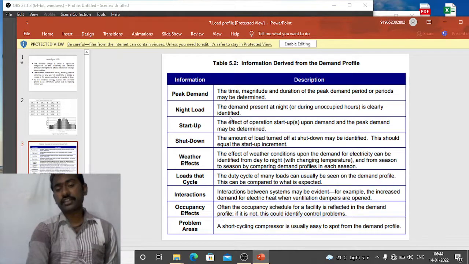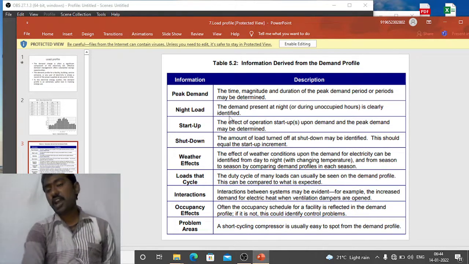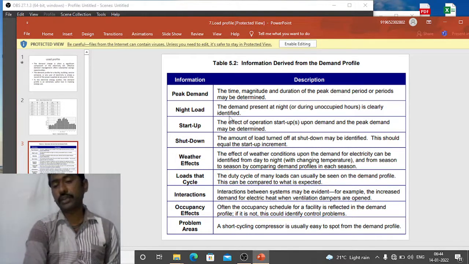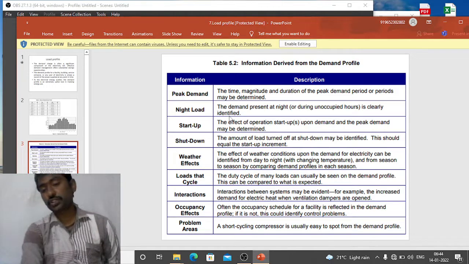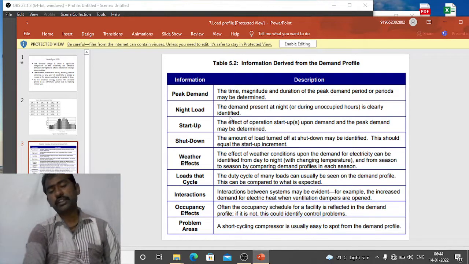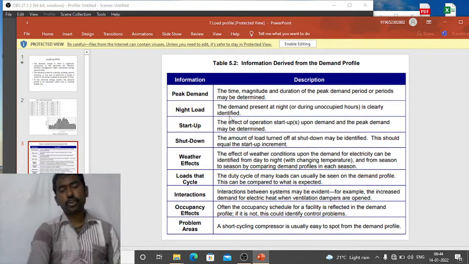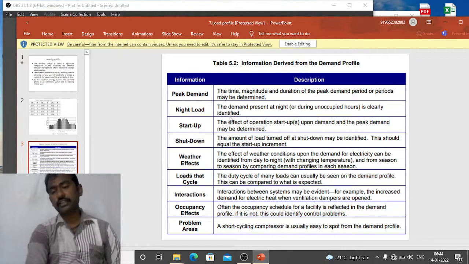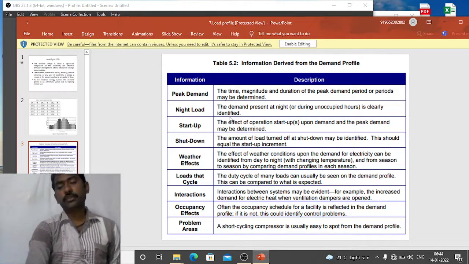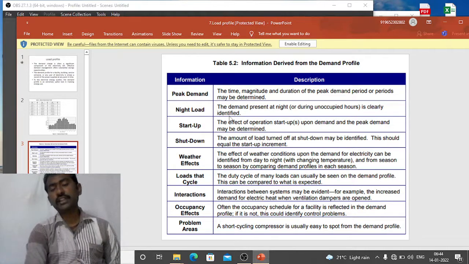Weather effects: the effect of the weather conditions upon the demand for electricity can be identified from day to night and from season to season by comparing the demand profiles. Loads that cycle: the duty cycle of many loads can usually be seen on the demand profile. This can be compared to what is expected.